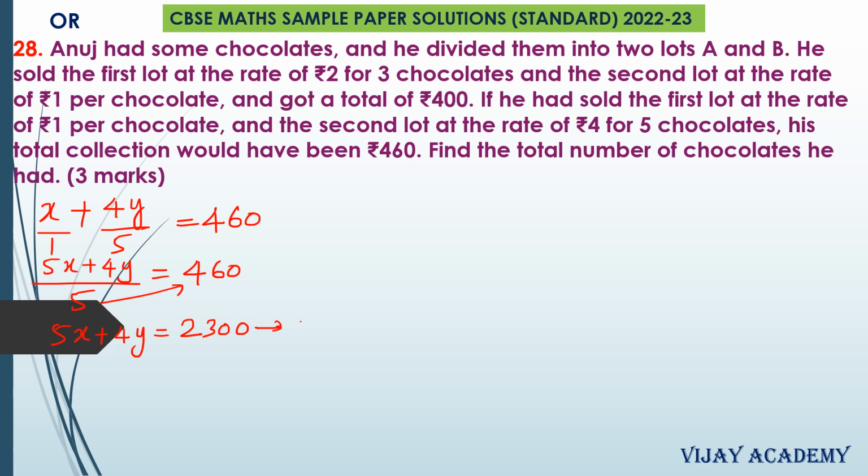Let us take this as equation 2, and we have equation 1, which is 2x plus 3y equals 1200.